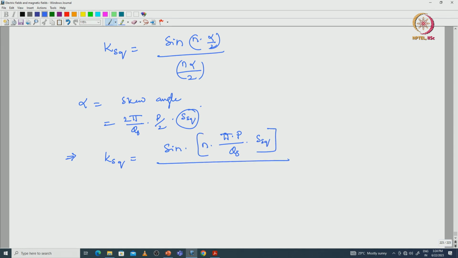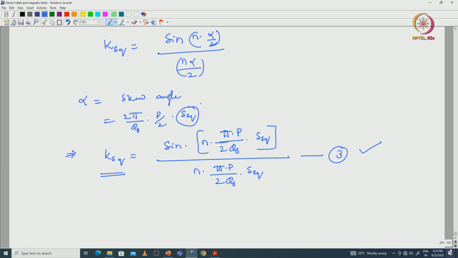I am substituting the angle alpha by 2, then n into pi into p by 2 Qs into SSQ. This is the final equation for the skewing angle or skewing factor. We can say this is the skewing factor for the rotor to minimize the slot harmonic effects and other effects with respect to crawling, cogging and so on.